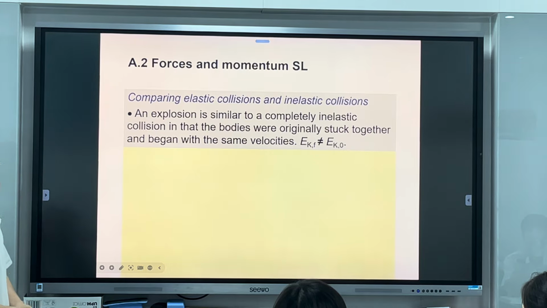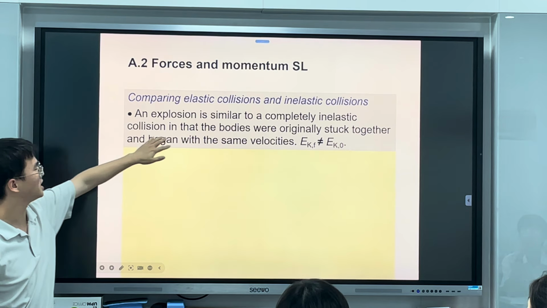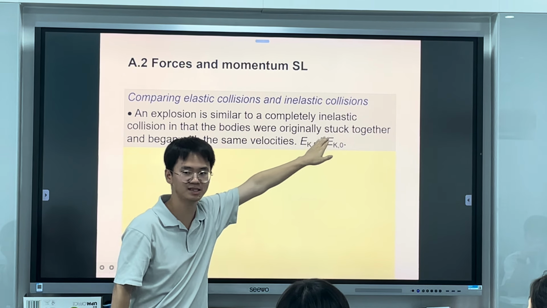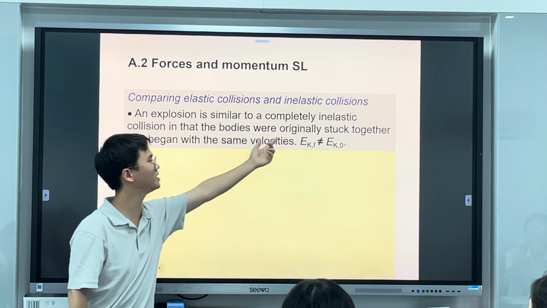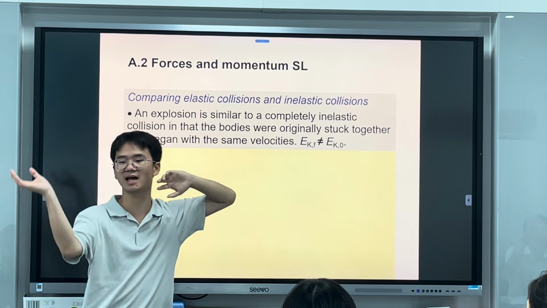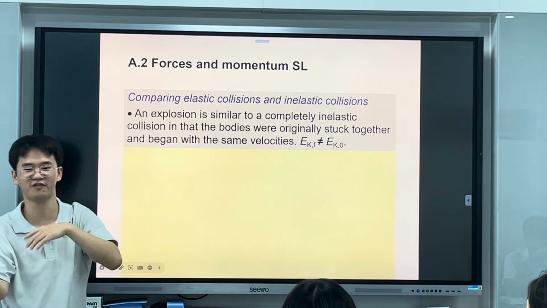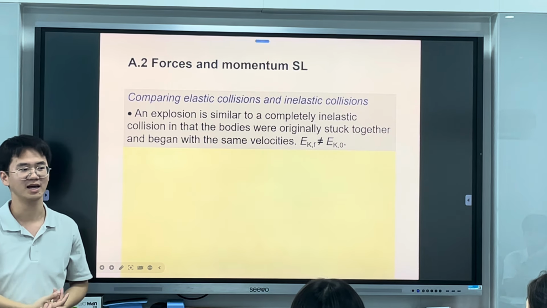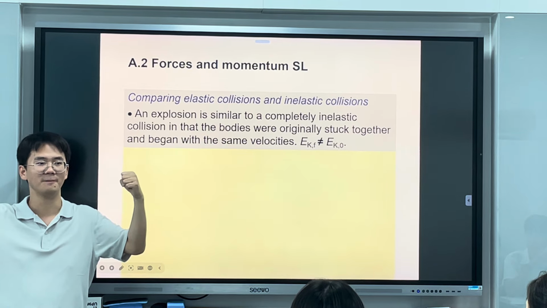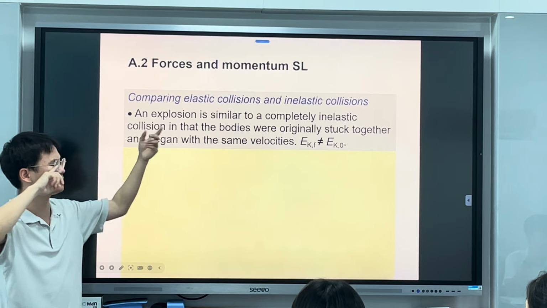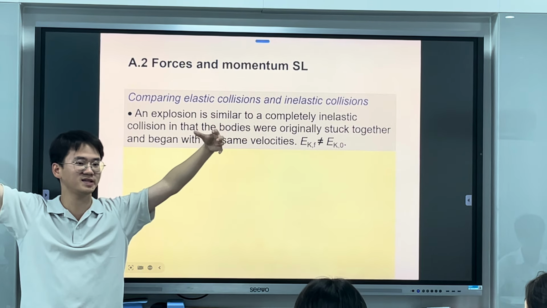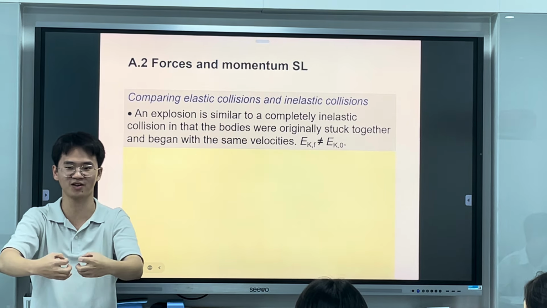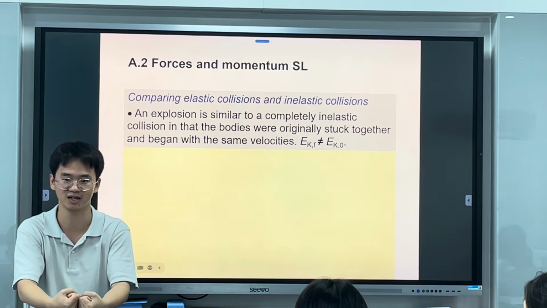So an explosion is similar to a completely inelastic collision in that the bodies are originally stuck together. It's just one way, like you reverse it, right? You can think of an explosion as if you reverse it. It's all pieces of the bomb coming together and then sticking together, right?